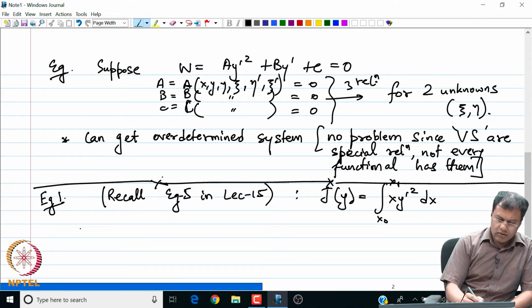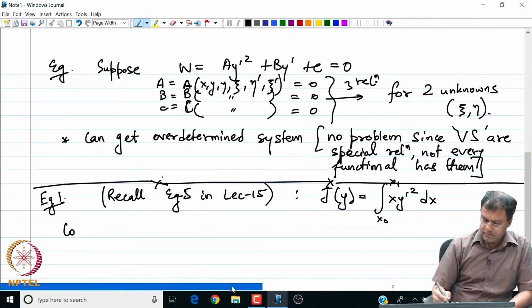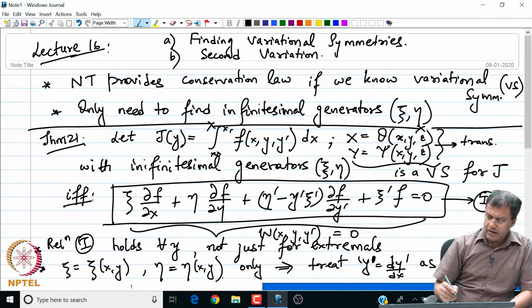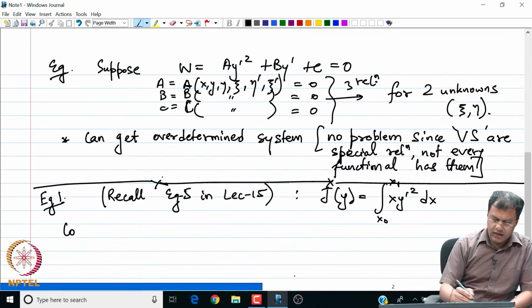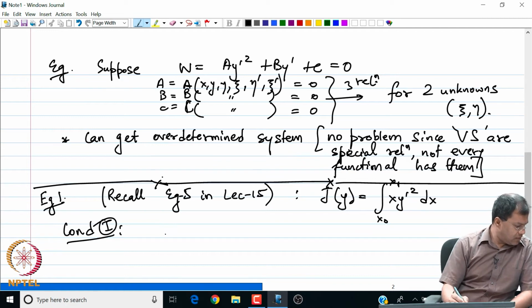And so here, we directly use our condition 1. Condition 1 gives us the following equation. The first term is xi y prime square.